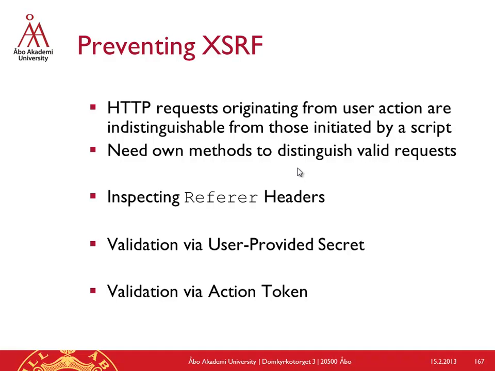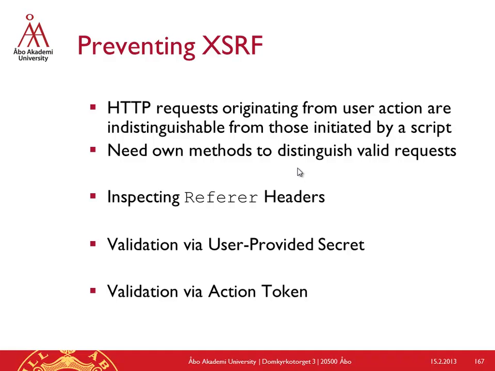Well, we start with cross-site request forgeries. We have to check that these requests originate from the same web page, from the same website that we are using, our good website. We can also check referrer headers of HTTP requests, and we also have to validate everything.